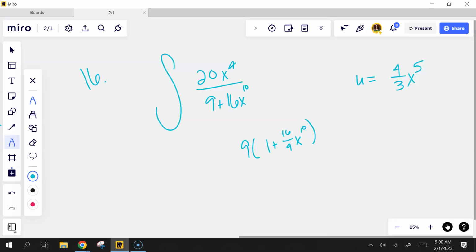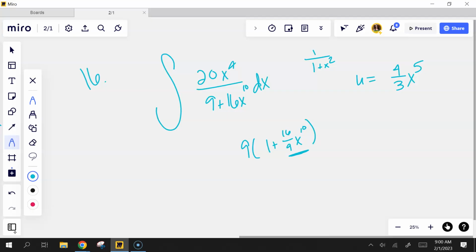I think we can do this one, because if I try to get this to the pattern of 1 over 1 plus x squared, I factor 9 out of the bottom, right? The square root of this would be 4/3 x to the 5th.